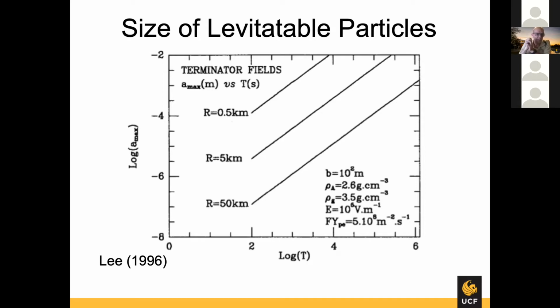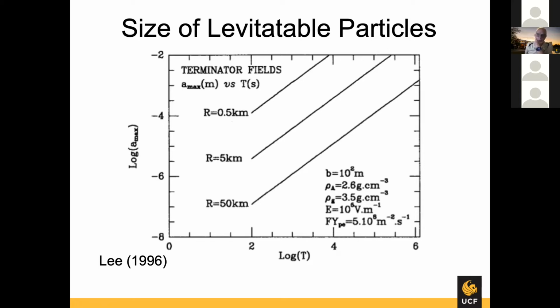And so what this figure shows is basically his conclusions about the largest particle that can be lifted off the surface, which you could turn around and think of as the smallest particle that could survive on the surface in the face of this electrostatic levitation, for different size asteroids: 0.5 kilometer, 5 kilometers, and 50 kilometers.